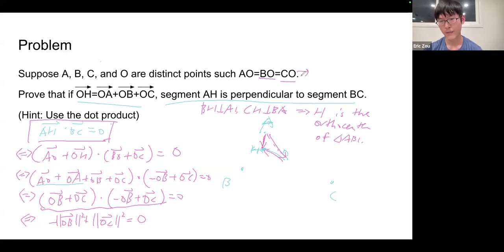And if you also learn some geometry, this means O is the circumcenter of triangle ABC. So this gives an interesting relation between O and H. It also proves the existence of the orthocenter, if you know the circumcenter exists. Well, they do exist.